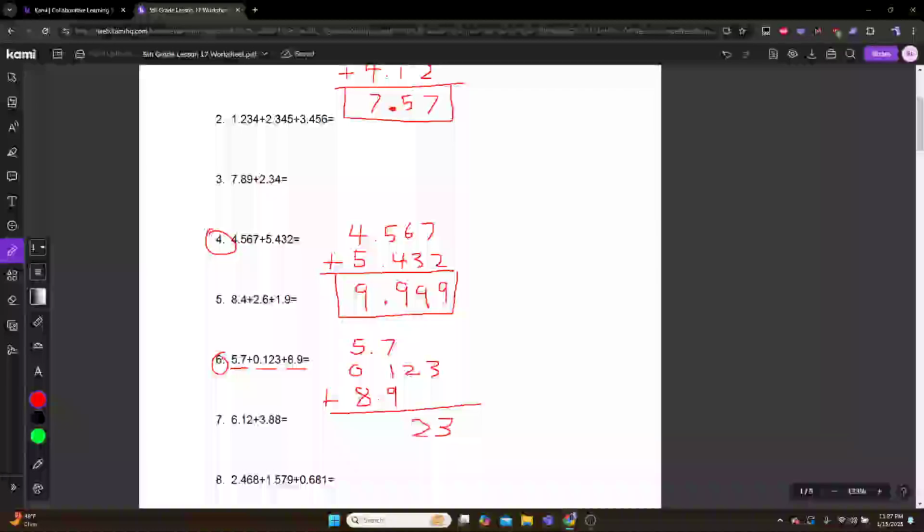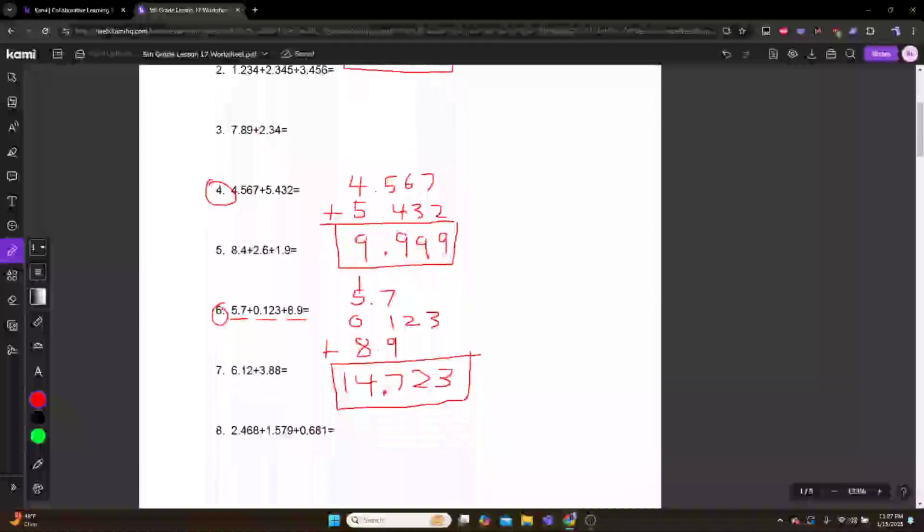Then 7 plus 1 plus 9 is 17, so we bring the 1 up here. We add 1 plus 5 plus 0 plus 8, then we get 14. And we bring the decimal down. So the answer should be 14.723. We can estimate this. 5.7 is about 6, 0.123 is about 0, and 8.9 is about 9. So it becomes 6 plus 9, which is 15, and 14.7 is very close to 15.